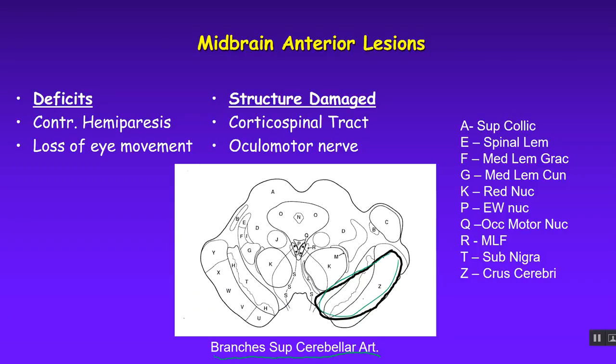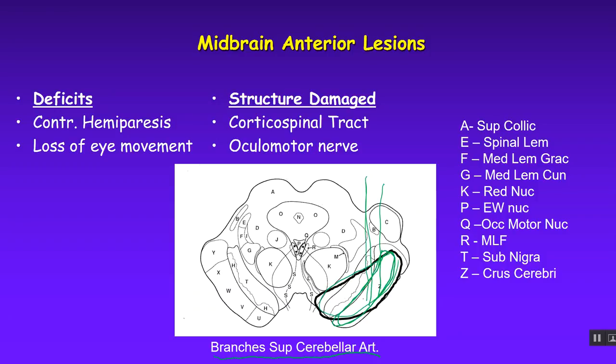Contralateral hemiparesis. So this is the crus cerebri, right? This is where corticospinal tract fibers are running down through that area. Contralateral hemiparesis. And at this point, you probably are going to have the face contralaterally involved too.